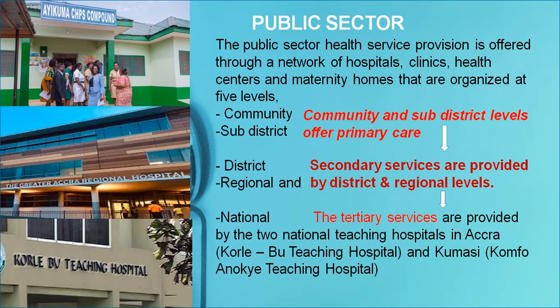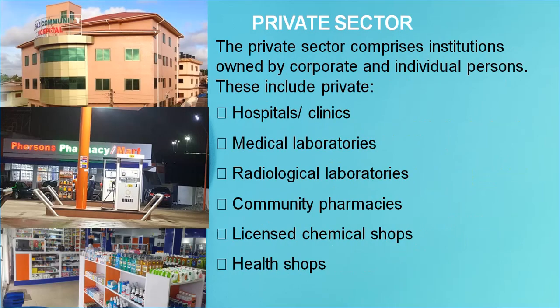So normally we are supposed to go through this from community and sub-district providing primary care. If the care needed is above that, then we come to secondary care, which is provided by district and regional. Then the last level is the national level, which is provided by Korle Bu and Komfo Anokye.